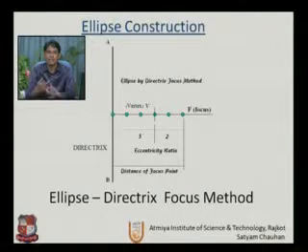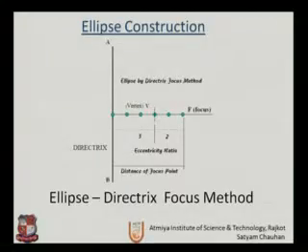So first, for the ellipse, the eccentricity is less than 1. It means that if we divide the distance between the focus and any point on the ellipse by the distance from that point to the directrix, it should be less than 1. If the eccentricity is less than 1, we get the shape of an ellipse.